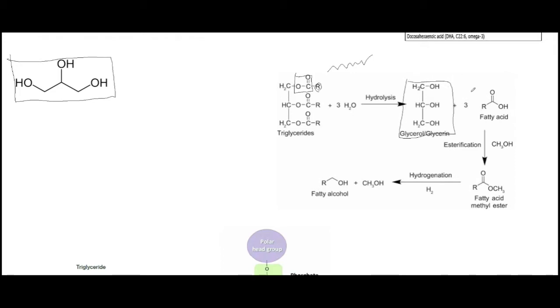So we have our glycerol and we have our fatty acid. Once again, this R is some chain of carbons, and this is the carboxylic acid on the end of it. And so what happens is a reaction called esterification, where this oxygen right here will attack that carbon there.